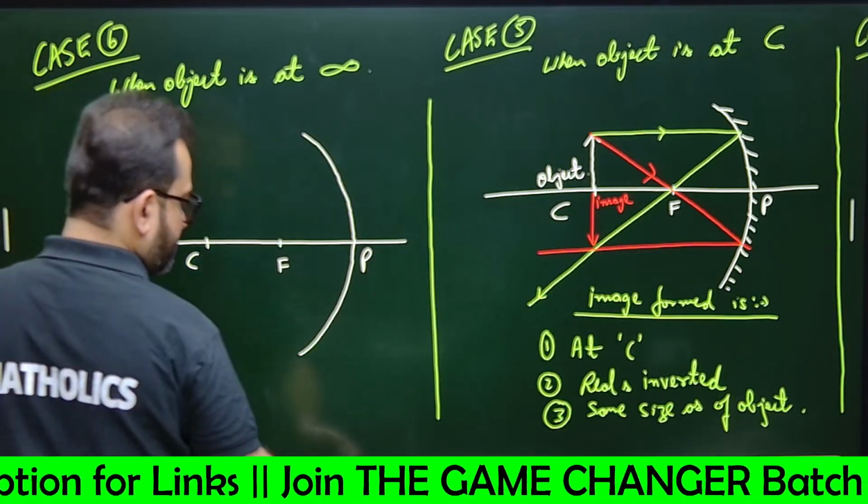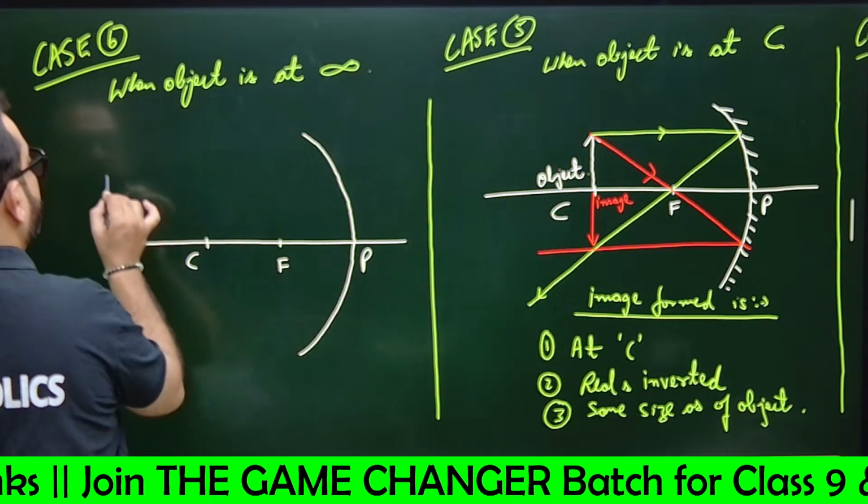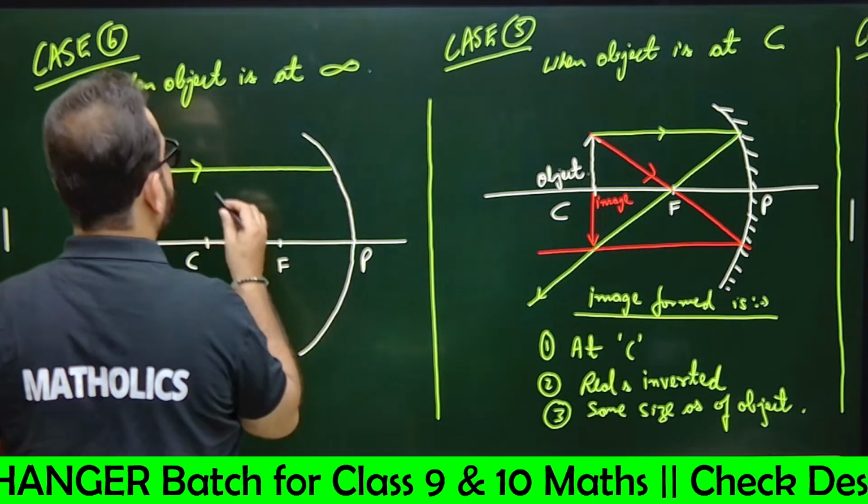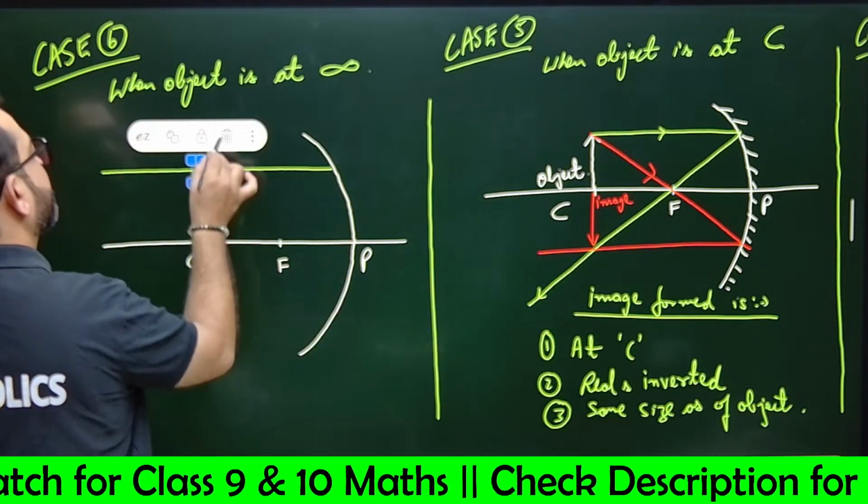Try to copy fast. Why wait every time? When object is at infinity, see, this ray will come like this. In this way, you are not going to complete the paper in exams also.